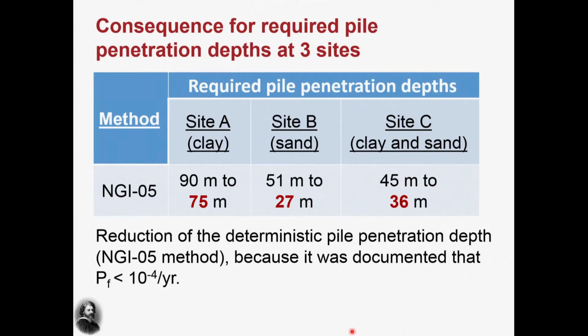It was a very, very bizarre site. As you went deeper, you weren't gaining any strength, any resistance, because there was some sand, clay, sand, clay. And then for the third site, the pile length of 45 was reduced to 36 meters. And the reduction in the deterministic pile penetration depth was allowed because it was documented that the probability of failure was less than 10 to the minus 4 per year.